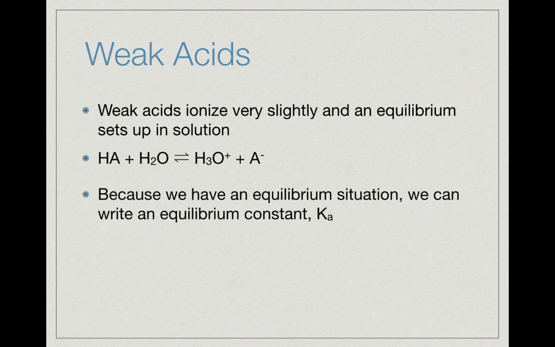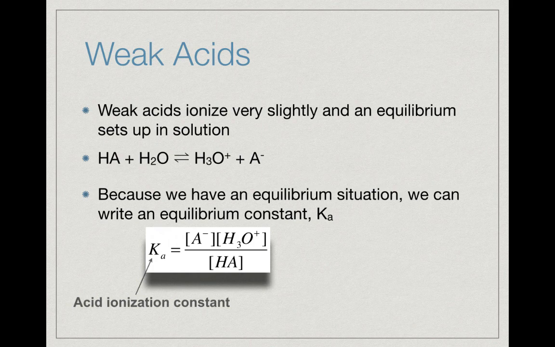And since we do have an equilibrium situation setting up there, we can write an equilibrium constant. And since this equilibrium situation is very special, representing the ionization of a weak acid, we give it its own special name, Ka. So Ka just means acid dissociation constant or acid ionization constant. Sometimes you'll hear both names. We still write our equilibrium constants the exact same way.